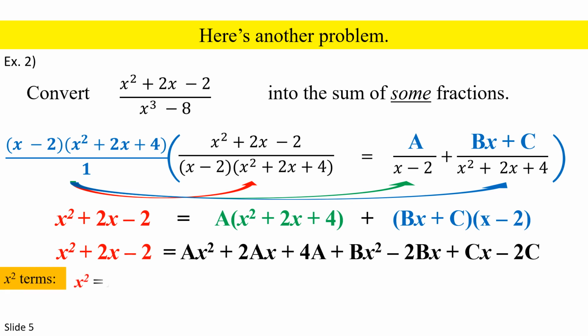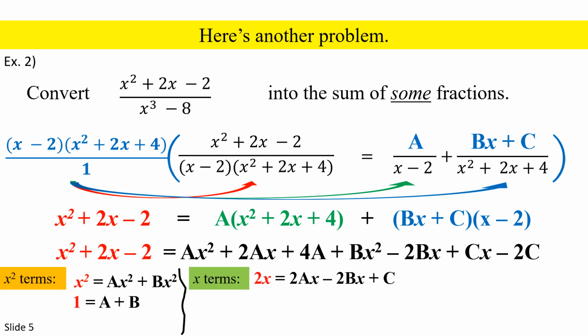x squared terms. x squared equals ax squared plus bx squared, or 1 equals a plus b. x terms. 2x on the left and on the right is 2ax minus 2bx plus cx, or 2 equals 2a minus 2b plus c.